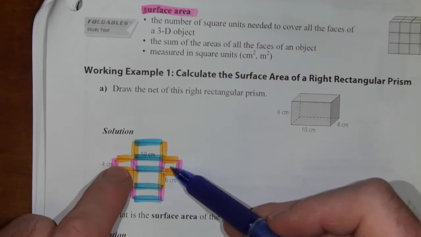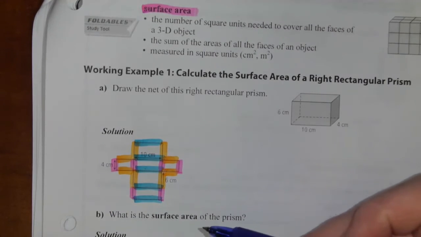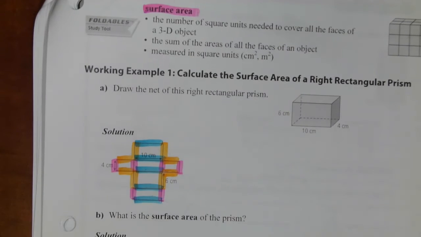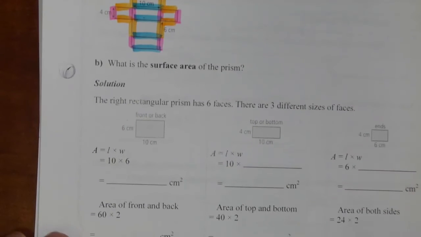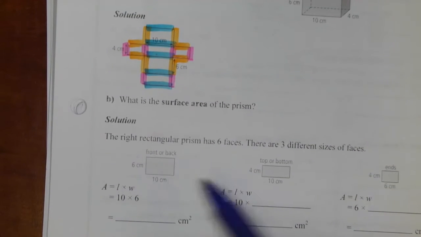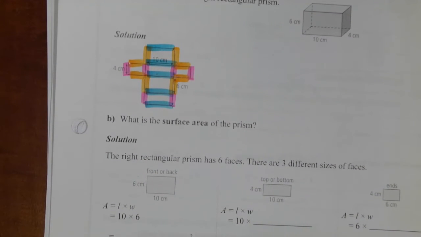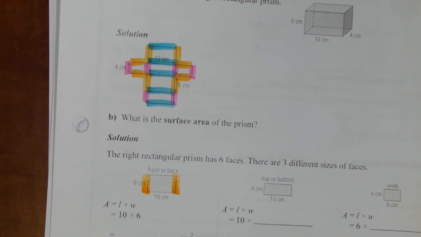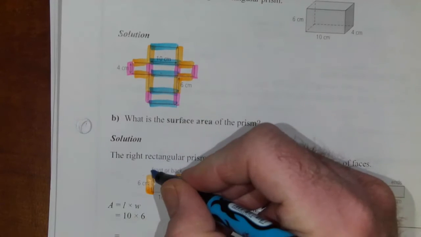So that covers all of this central column. Then we've got orange and pink. There's two here that are matching as well. So there's three different shapes, three different sizes, and they all have pairs. So we've got front or back, which we've got 6 centimeters there and 10 centimeters here.